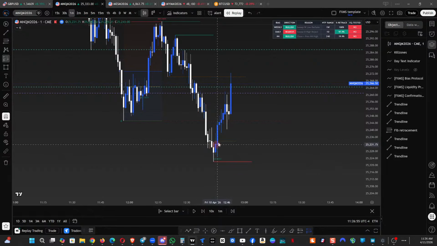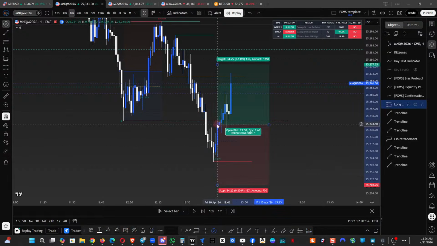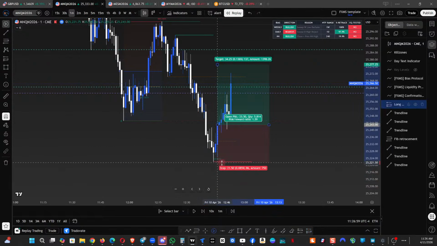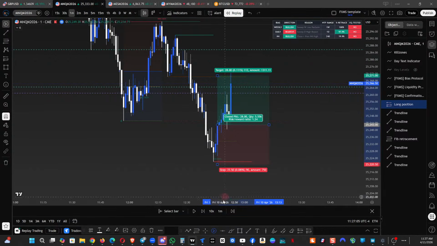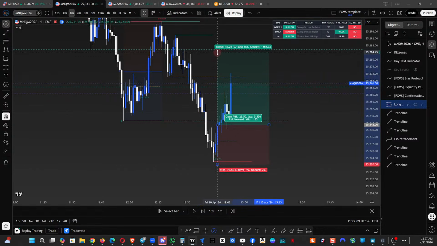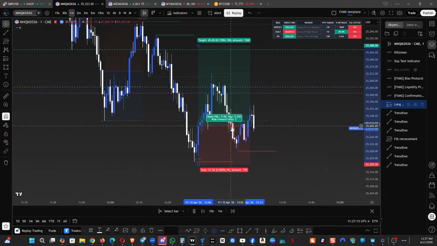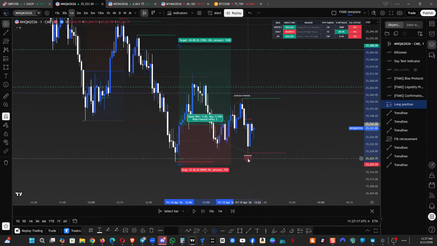So the closure would be here, stop would be 20-ish points, okay? Obviously we get the 1-to-1. Let's see if we get the 2-to-1 without getting a break-even trade. Nope. Moral of the story is your 1-to-1 is always going to be good, but check it out.